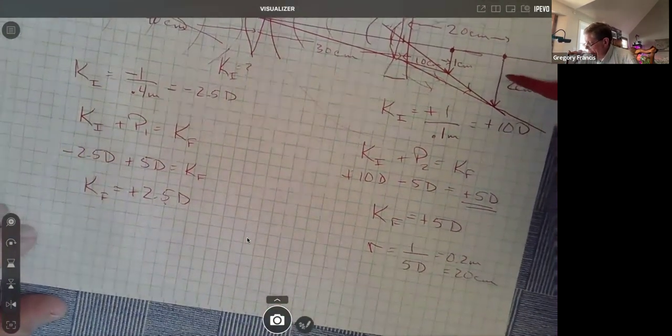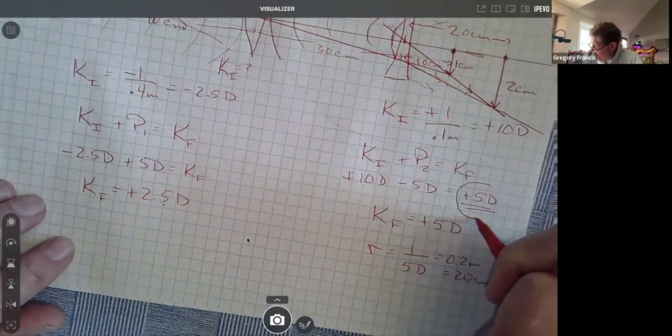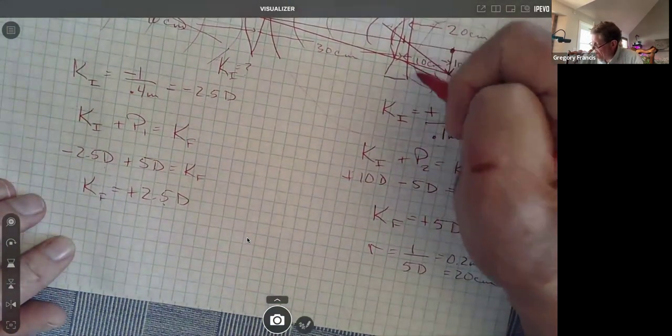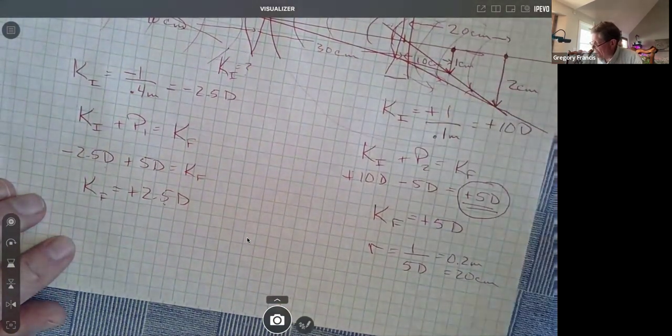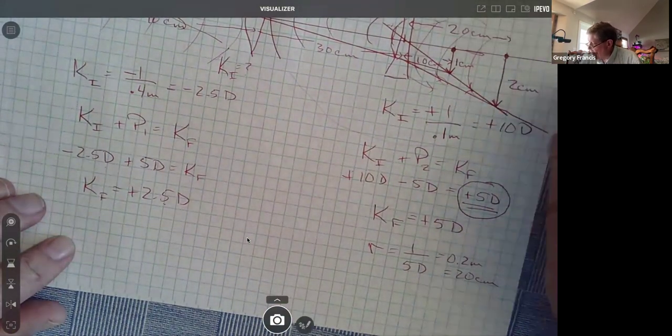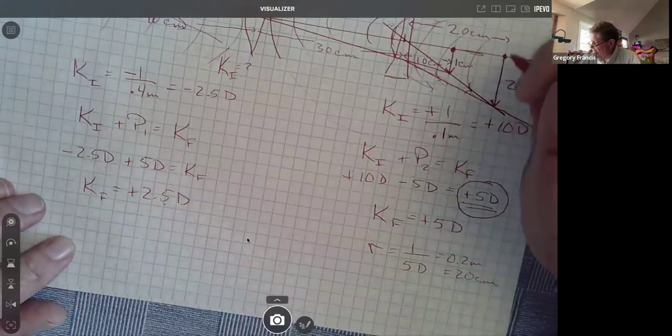So what we have here is a real image. How do I know it's real? Because the final curvature is positive, meaning these wavefronts are getting smaller and smaller, larger curvature, smaller radius, until they actually focus the light down here.